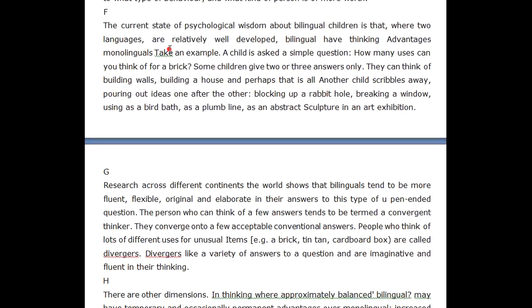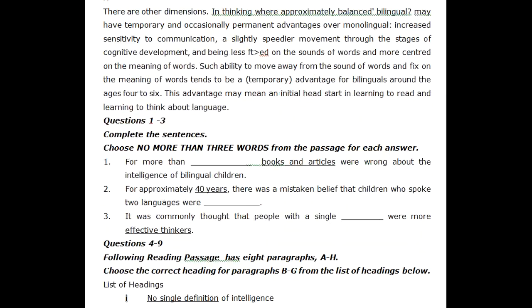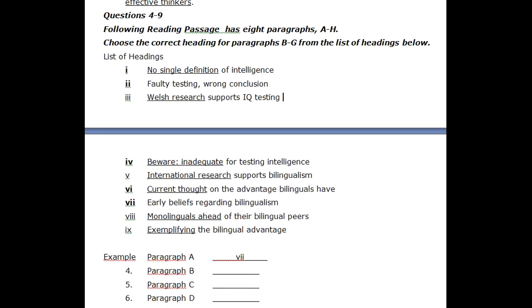The current state of psychological wisdom about bilingual children is that where two languages are relatively well developed, bilinguals have a thinking advantage. So it is saying bilinguals have an advantage. Can I have any answer like this? Supports IQ testing?